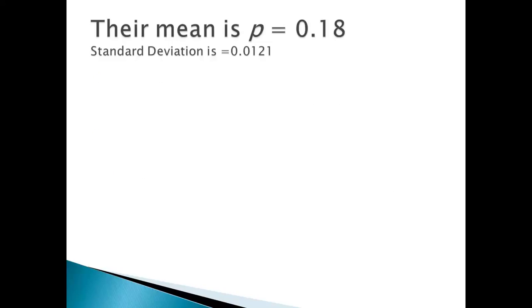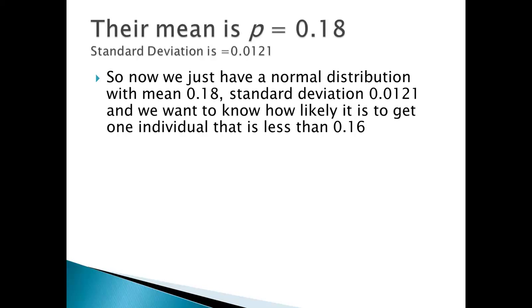So now we have a normal distribution with mean 0.18, standard deviation 0.0121, and we want to know how likely is it that we get one particular sample proportion that's less than 0.16. So now we just have a normal distribution problem. We find the z-score that goes with 0.16, that's negative 1.265.